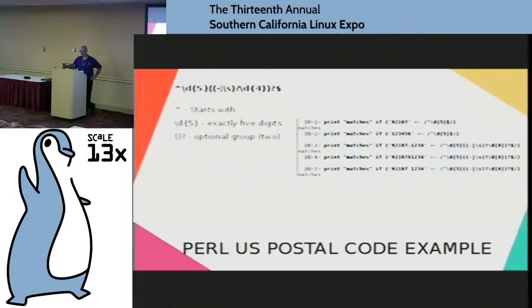Now looking further, this next pair of parentheses is an optional group, because we have a pair of parentheses and then a question mark. And actually there's a second pair of parentheses and a question mark here. So optionally, we might have a 4-digit suffix to our postal code.